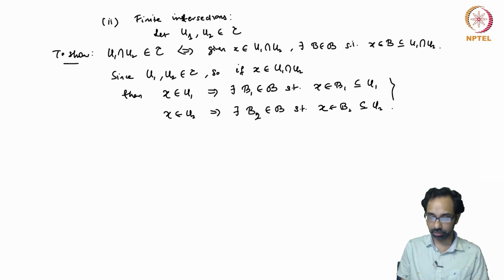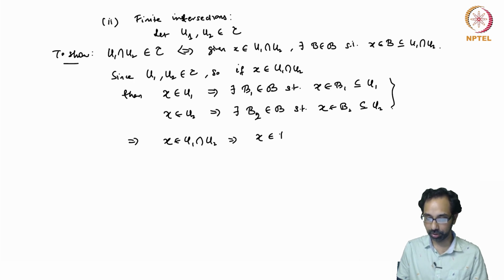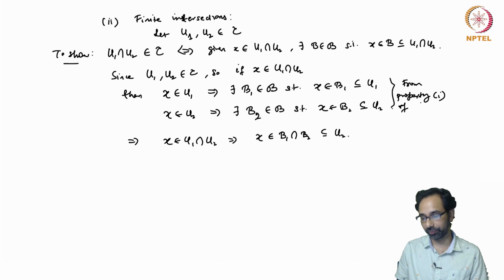And so taking these two conditions together, we see that x belongs to B1 intersection B2, and this is a subset of U1 intersection U2. So these two conditions that I wrote here are from property 1 of the definition of basis.